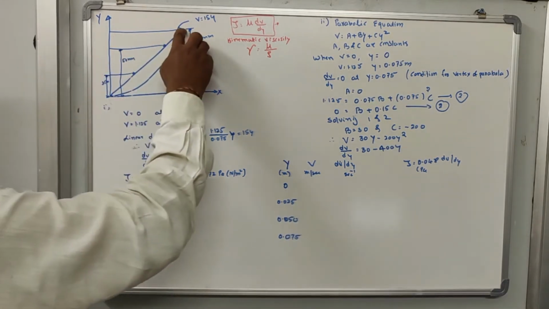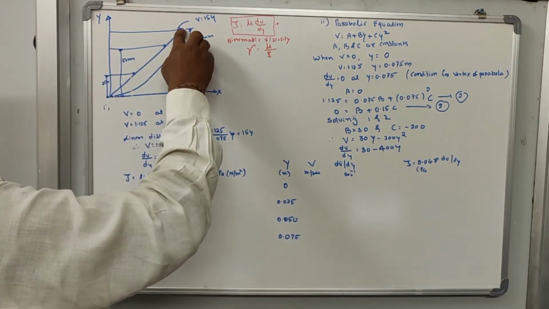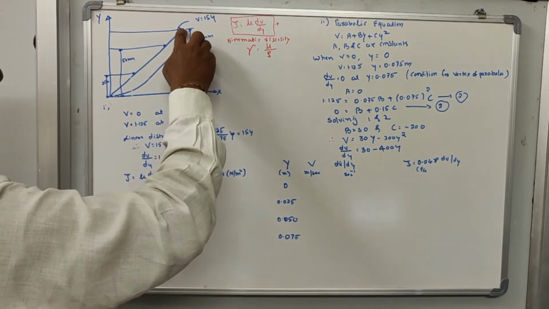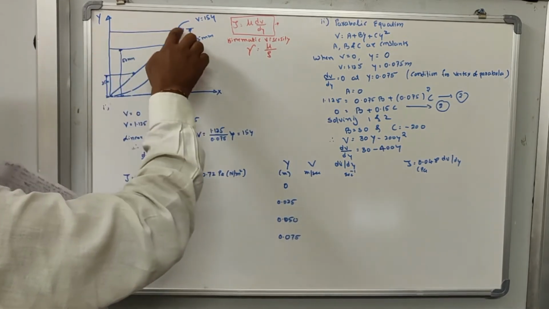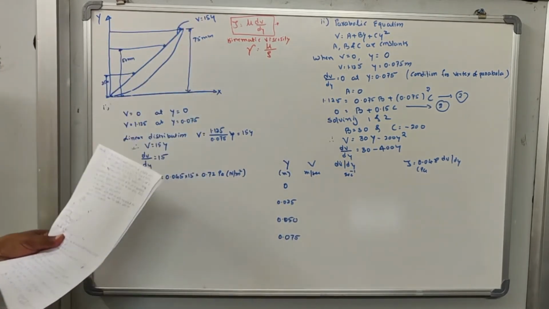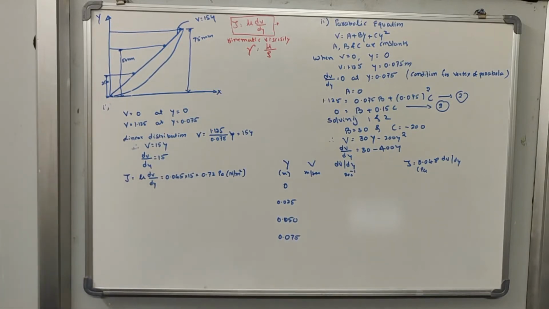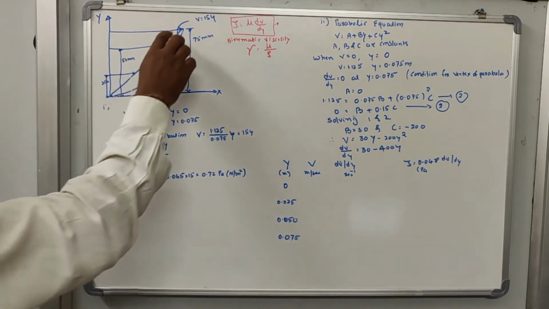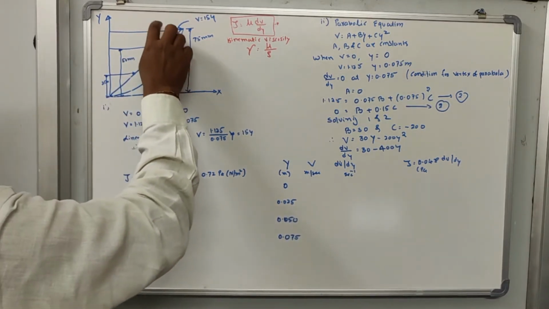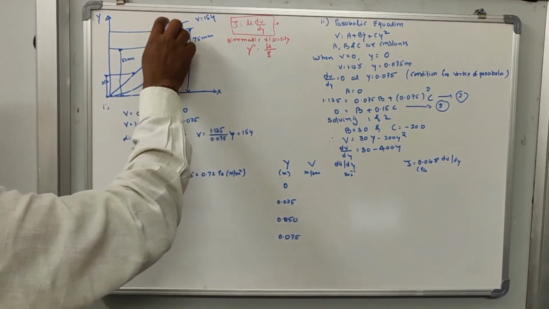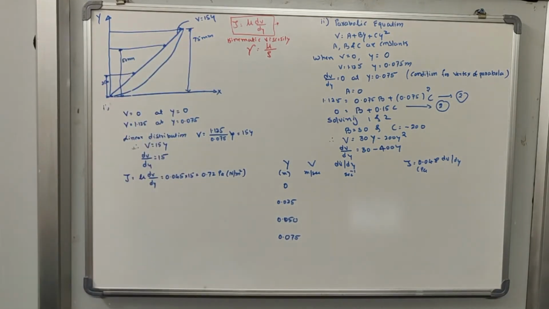See, this is a very, very important condition. That is the vertex at the top point, means at y is equal to 0.075 meter or 75 mm. That is a parabolic distribution with a vertex at the point 75 mm away from the surface where the velocity is 0.125. These are the conditions.